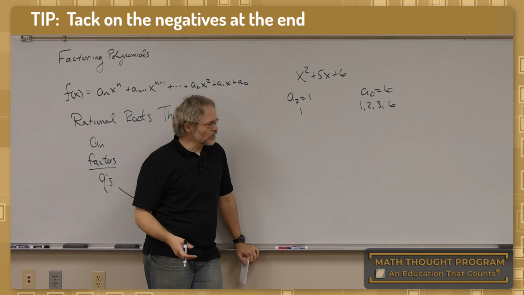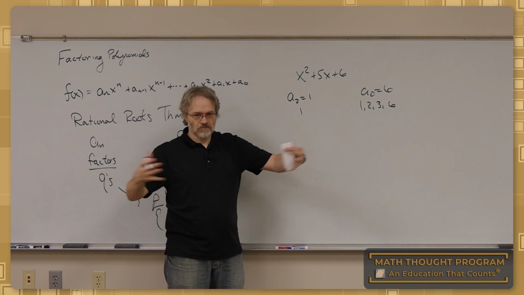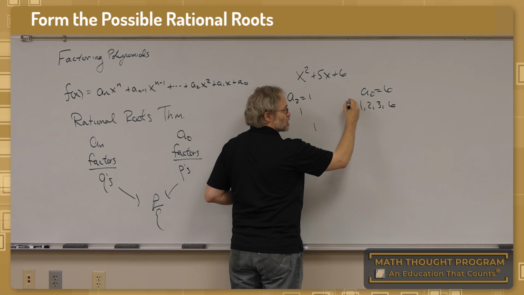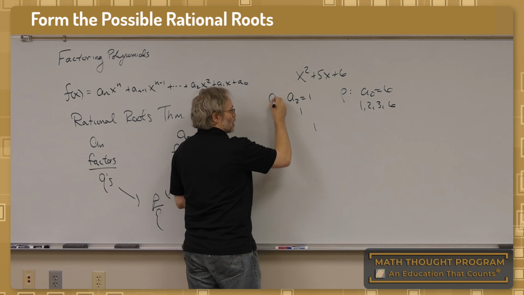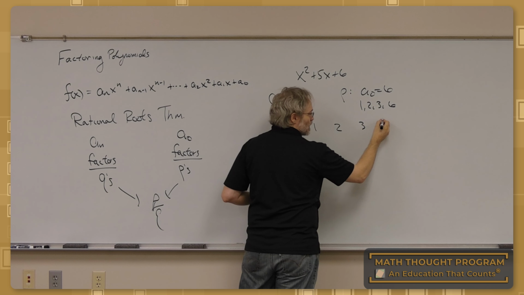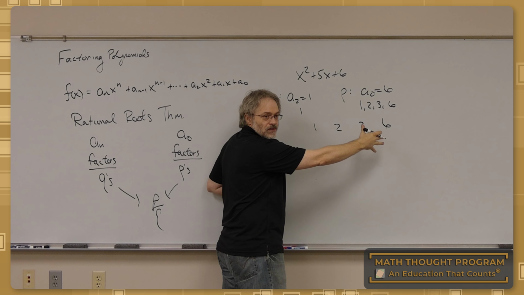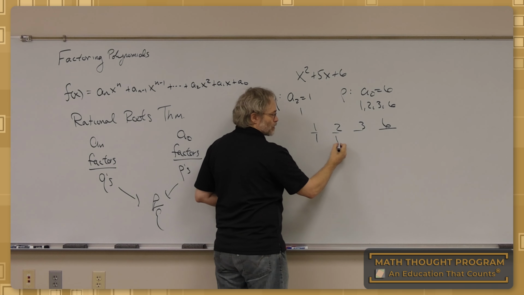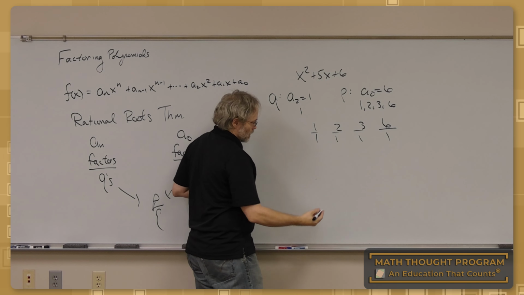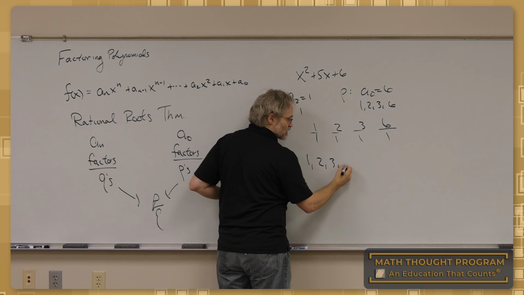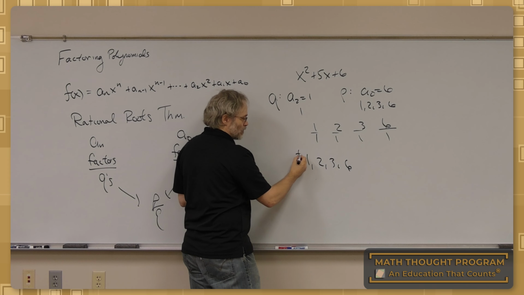It makes it a little bit easier. But put it all together. Take your p values and divide by your q values. And it's helpful just to write out the list for p, and then come through here and divide out by q. In the end, simplify it down: 1, 2, 3, and 6, and don't forget about plus or minus.